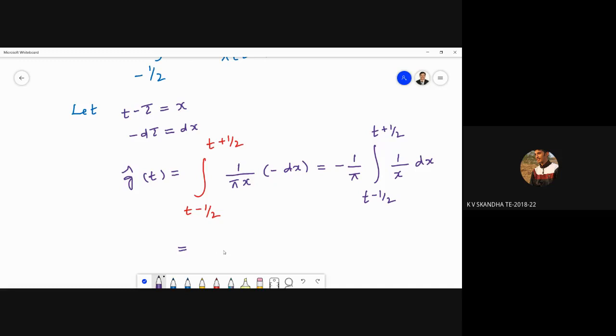Log mod x. So minus 1 by pi times ln x, with the limits, sorry, here some limits are there.